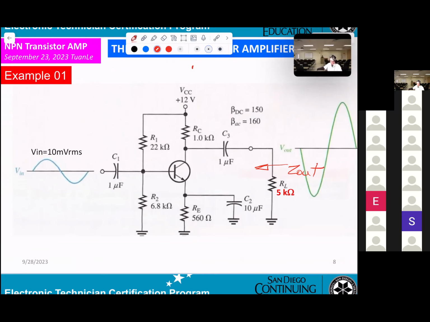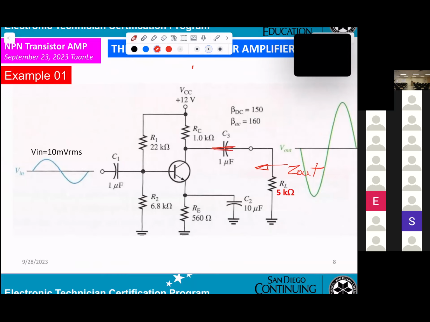Okay, now we're looking for output impedance, Z out. That means you're looking into the amplifier. How many resistances do you get? When you short out the capacitor, it's RC in parallel with the load RL, and that'll be Z out. That means this will be shorted, right? Right.